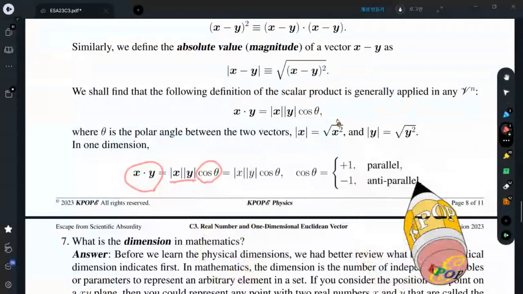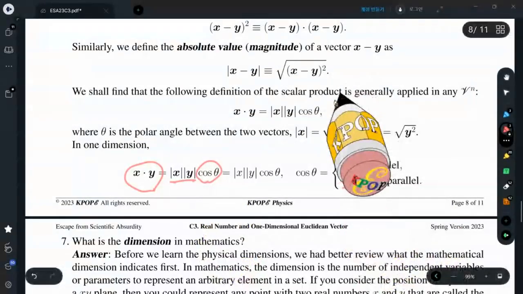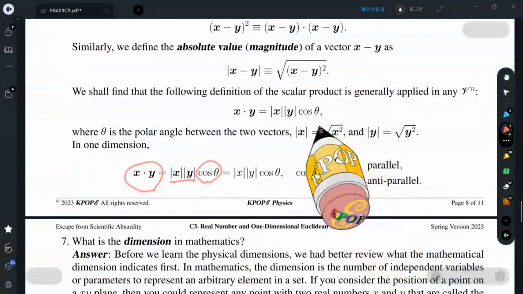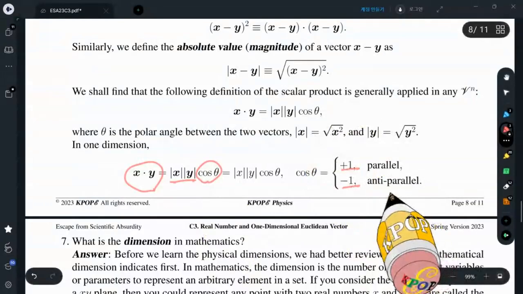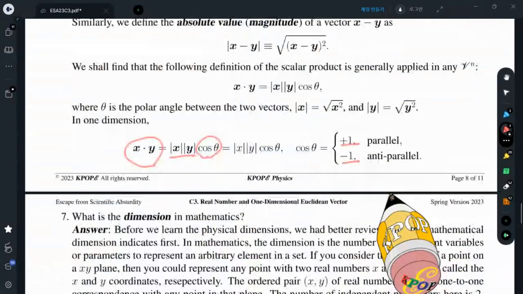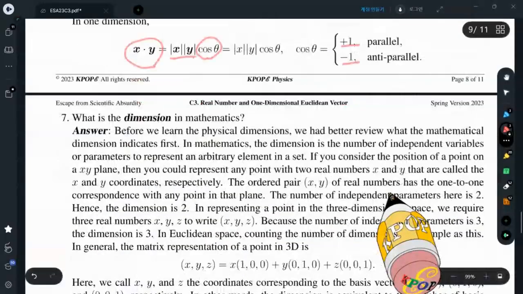These values are either plus or minus. Positive if they are on the same side relative to the origin, minus if one is on the right side and the other is on the left side.